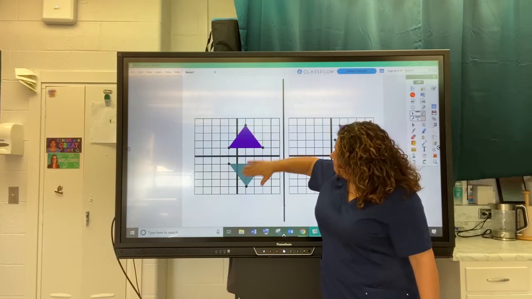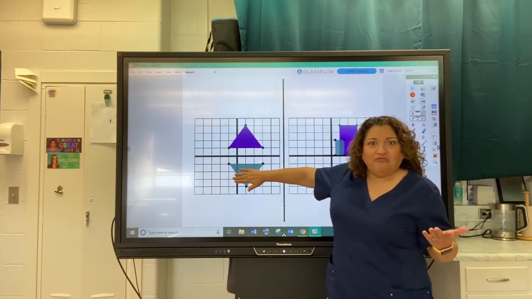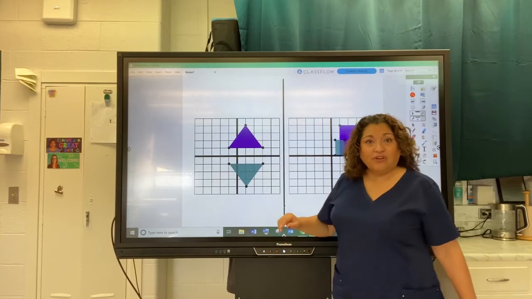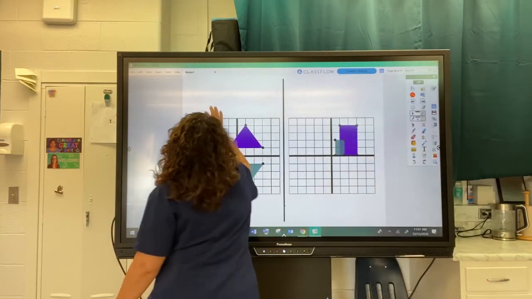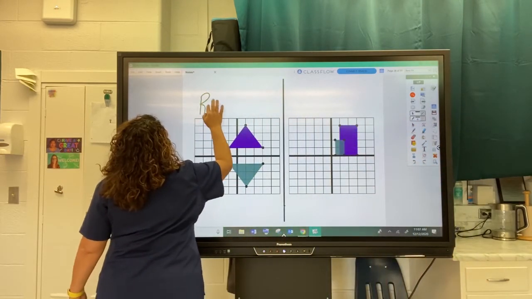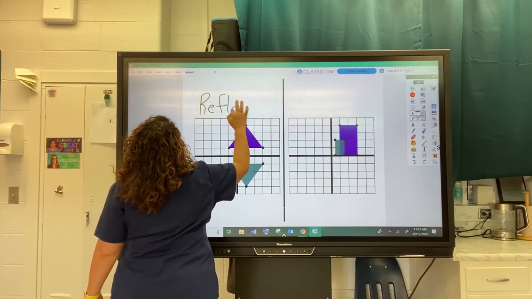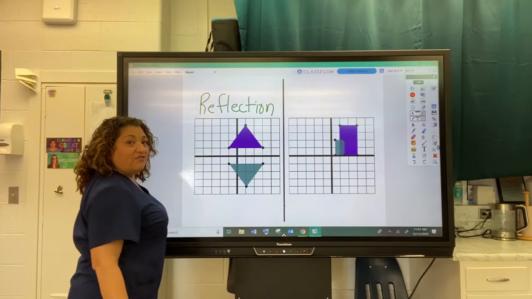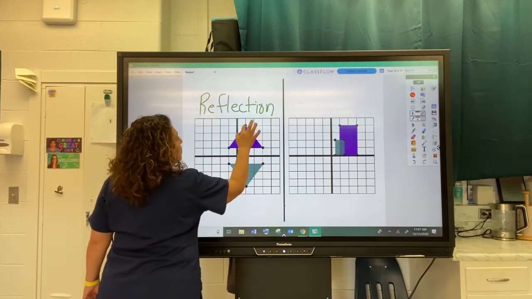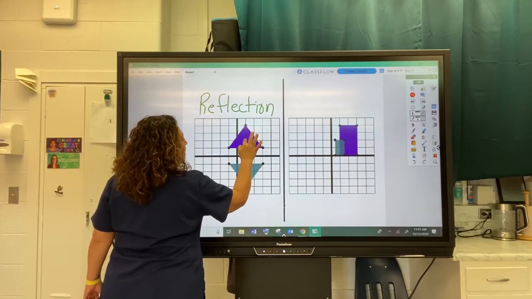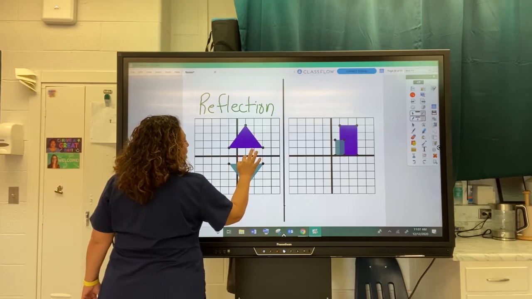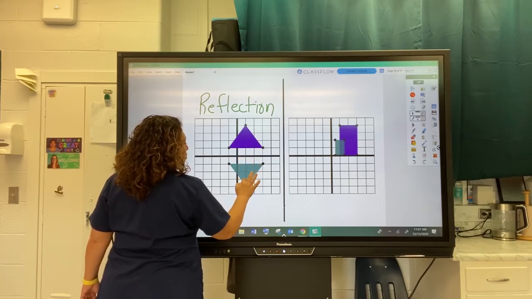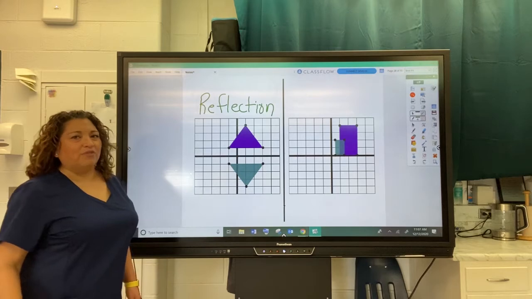That something flips, or maybe it was me. We flip over a line of reflection. So this is definitely a reflection. Okay, and if you wanted to test it, you could test a point. Let's start here. 1, 2, 3, 4. 1, 2, 3, 4. Definitely a reflection.